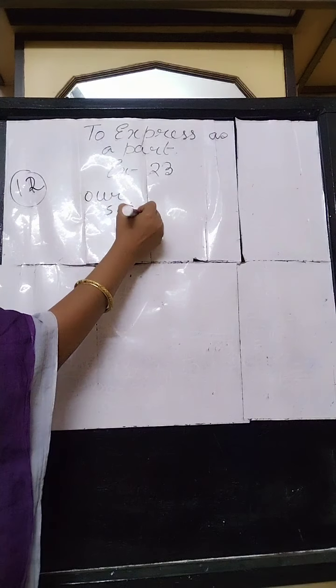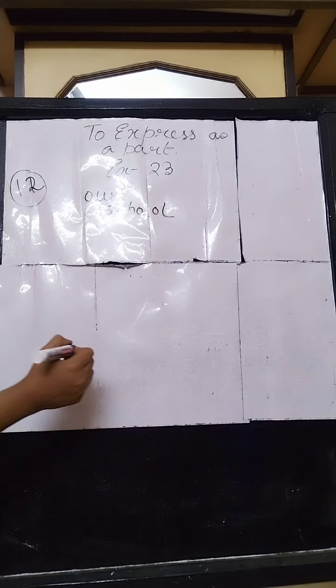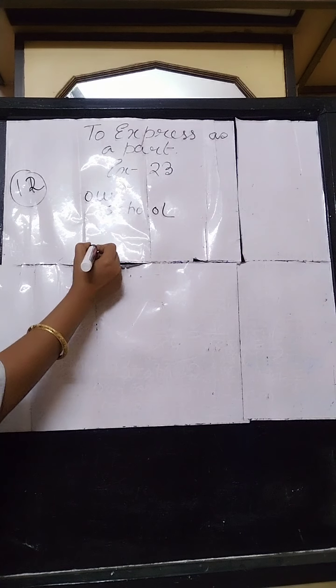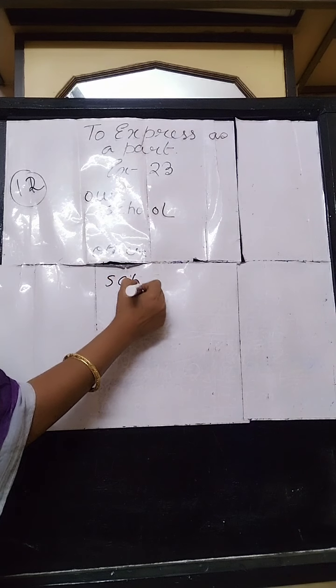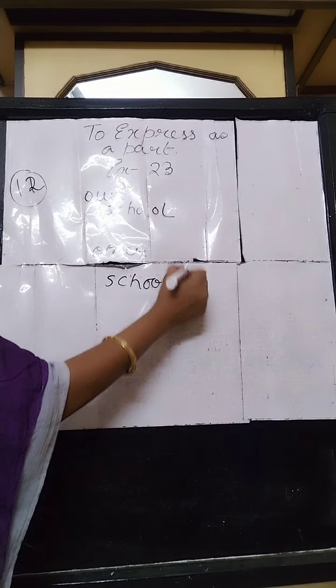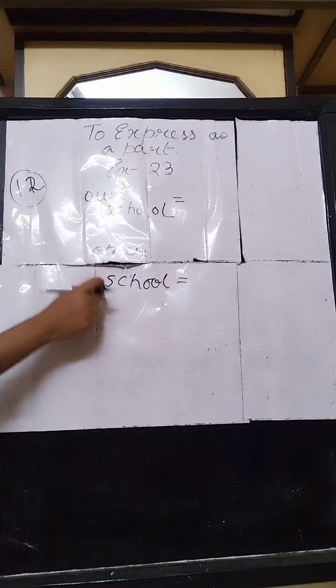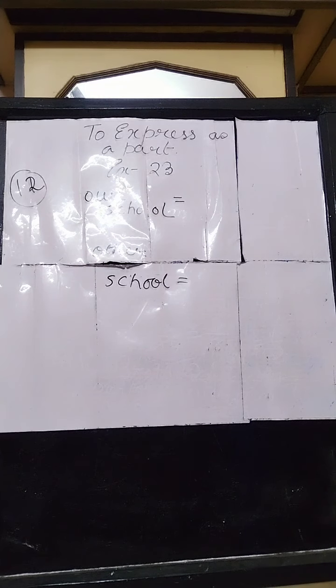One is the attendance in our school, and in the other school, the comparison of the attendance of two schools on a particular day. So in the first school, in our school, the attendance on a particular day is 45 out of 60 students.